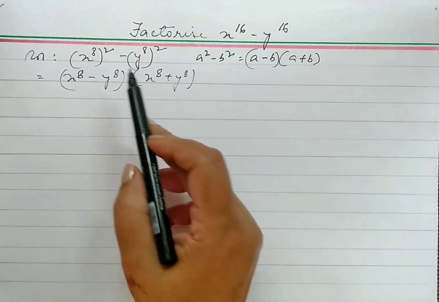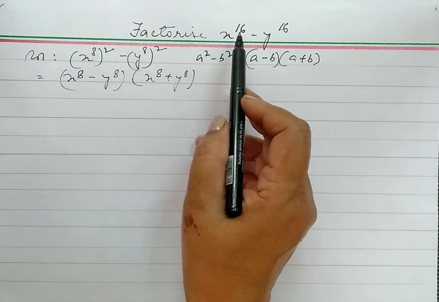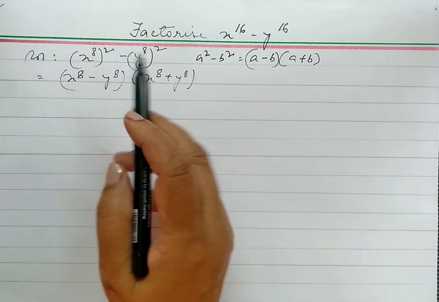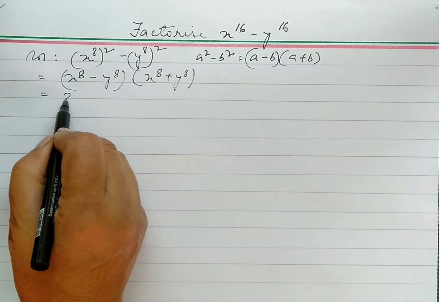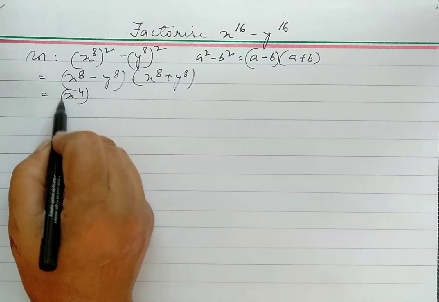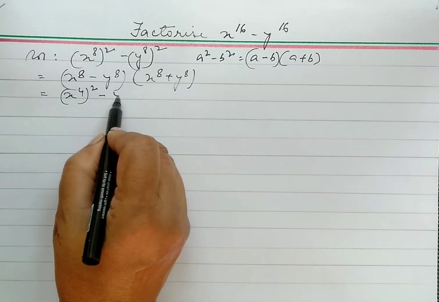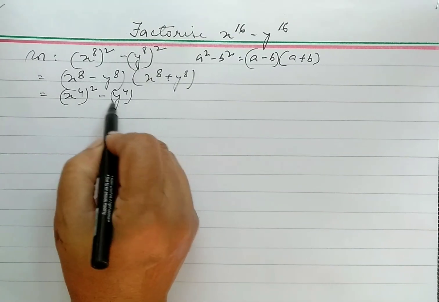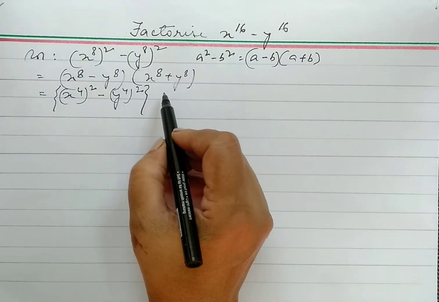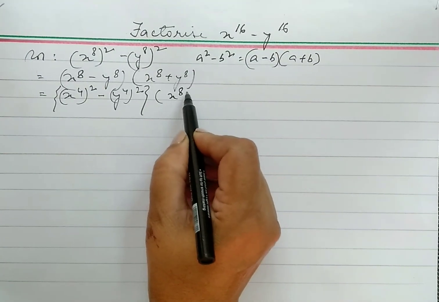Just the way we did this, 8 into 2 was 16. So can we not write again 4 into 2, which is (x to the power 4) squared, (y to the power 4) squared? This is going to drop down the way it is.